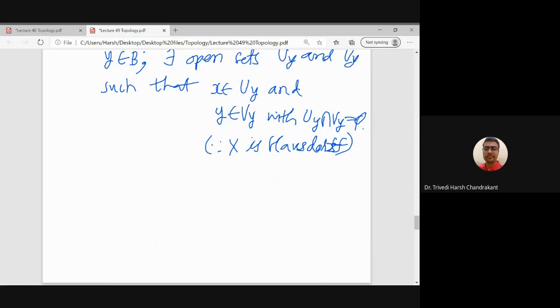If B is finite, we will get finitely many pairs Uy, Vy. If the elements of B are infinitely many, then we will get infinitely many Uy and Vy.